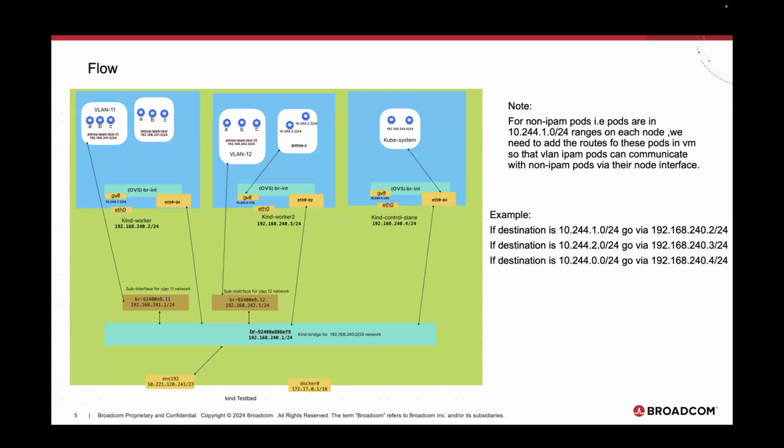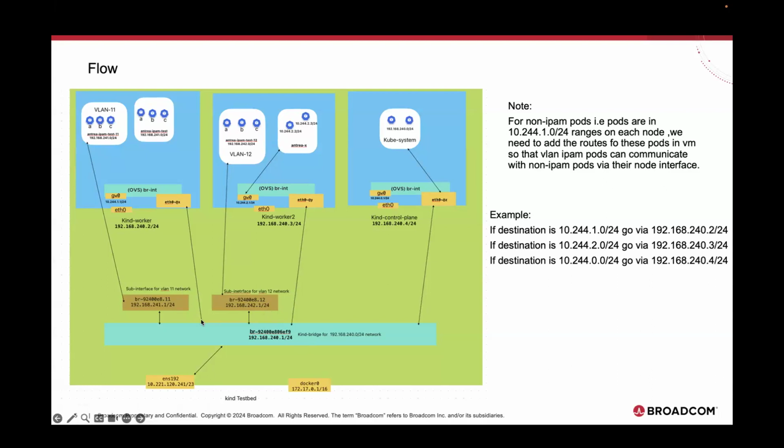VLAN trunking allows you to create multiple VLAN sub interfaces on the existing Linux bridge, each with a unique VLAN tag, so that the Linux bridge can forward packets between the VLAN interfaces based on the unique VLAN tag ID on the packets. Here we have two VLAN interfaces with unique tag IDs 11 and 12.